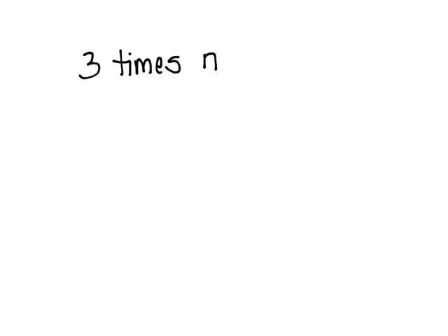Alright, let's do another one. The next one says 3 times n. Well, times means multiplication. So I could say 3 times n, but remember we also can just stick them together like this, 3n. If there's no operation sign in between the number and the letter, then that means you're multiplying.